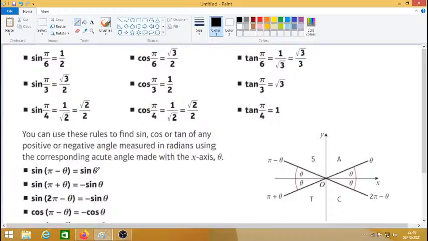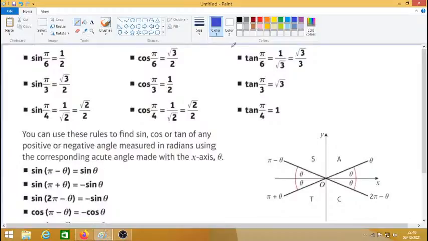So if we take, for example, 30 degrees, then 180 take away 30 degrees, which is 150 degrees, would be the same as sine of 30 degrees. If we take it in radians, then sine of pi take away pi over 6 would be equal to sine of pi over 6.